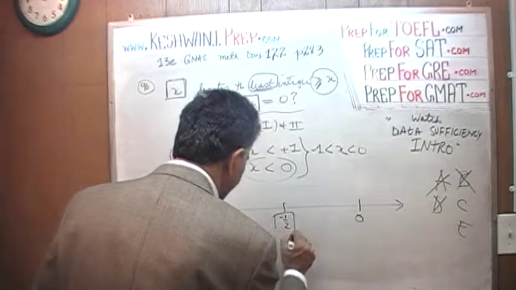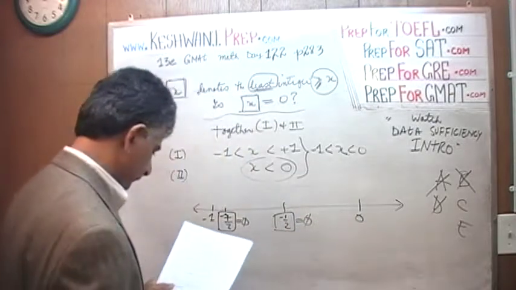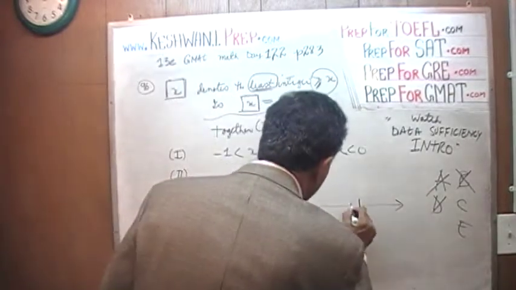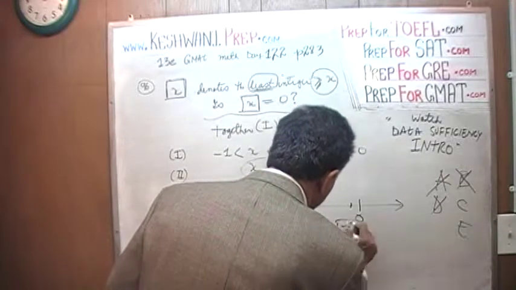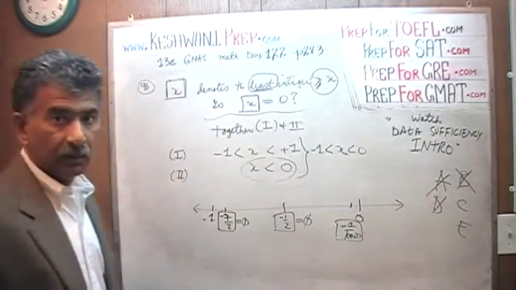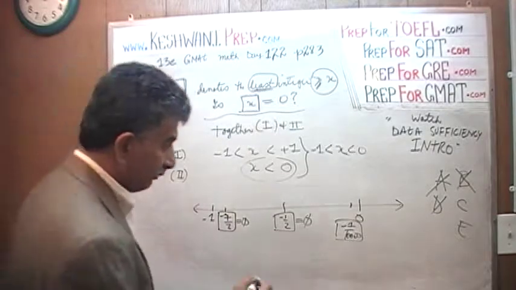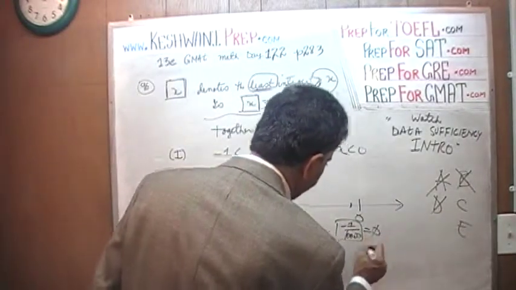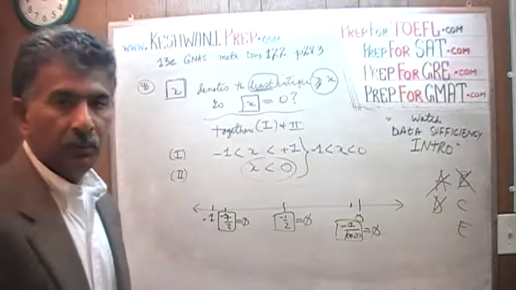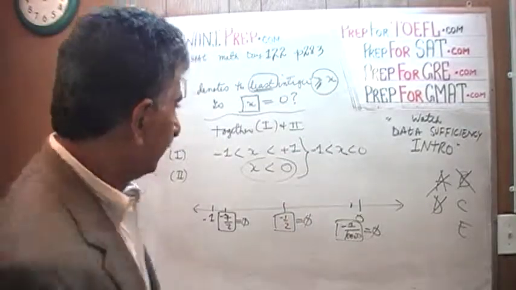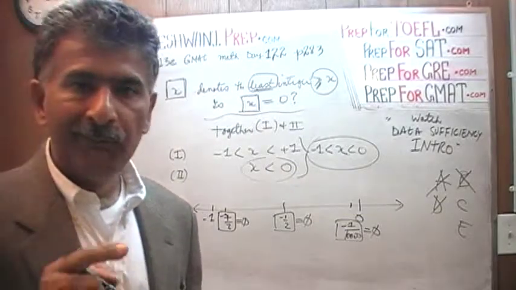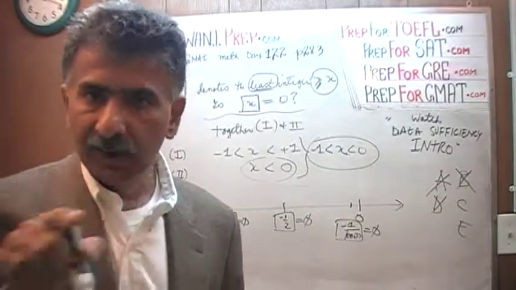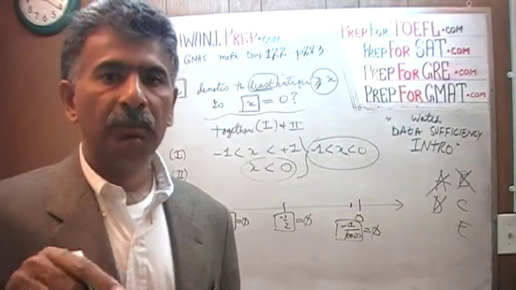The value of this guy in a box equals 0. The value of this guy here, let's put something very close here, negative 1 over 1000, or negative 1 over 1 million, which is very close to 0, is also 0. They're all 0. So if we know that it falls somewhere between negative 1 and 0, then the value of the quantity in the box, regardless of what that quantity is, will be 0.